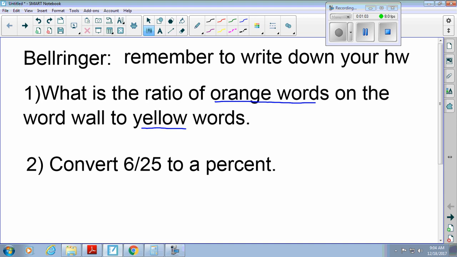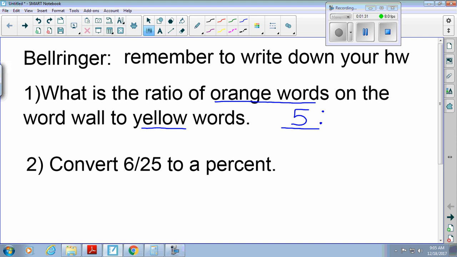It would be 5. 5 would be orange. Because it said orange to yellow, we need to make sure that this first one that we write, which is 5, on our word wall, comes from orange.